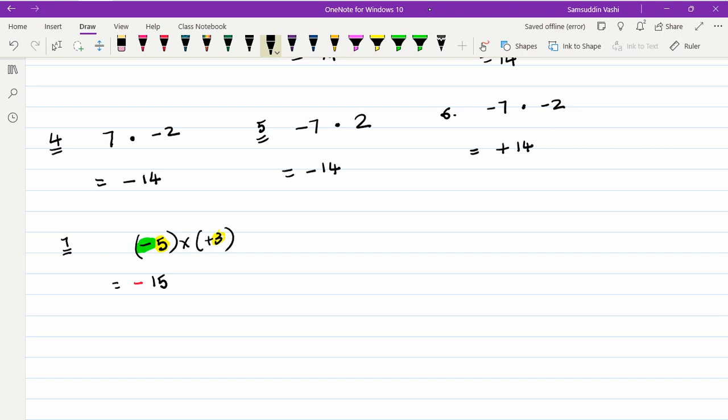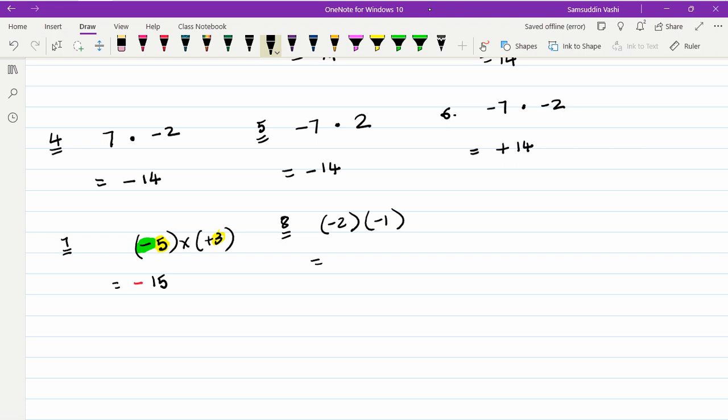Okay. Then if I say number 8, negative 2, another bracket, negative 1. All right. How many negatives in multiplication? Do we have multiplication? That's the first question. Do we have multiplication?